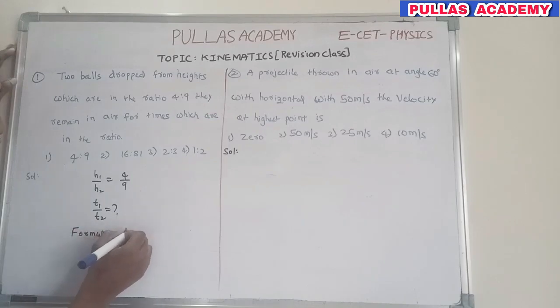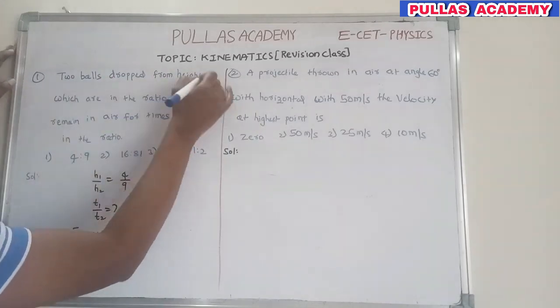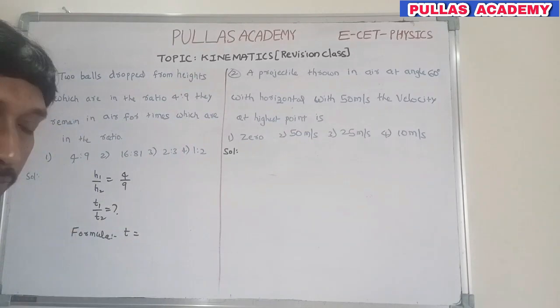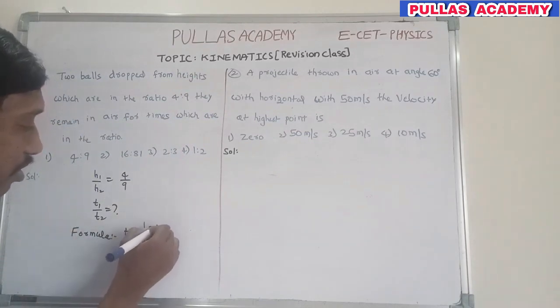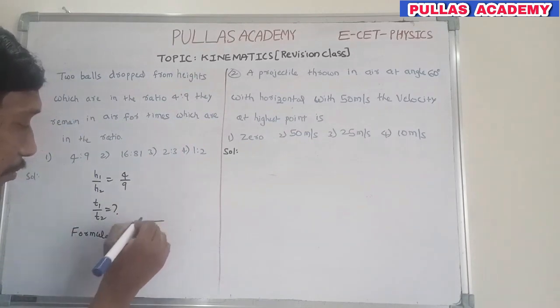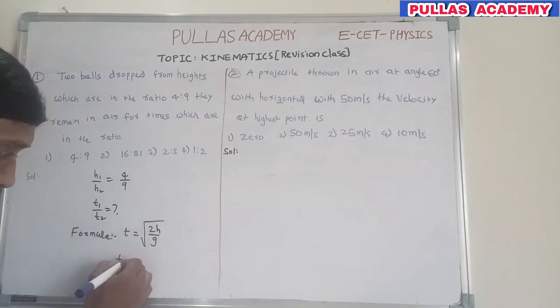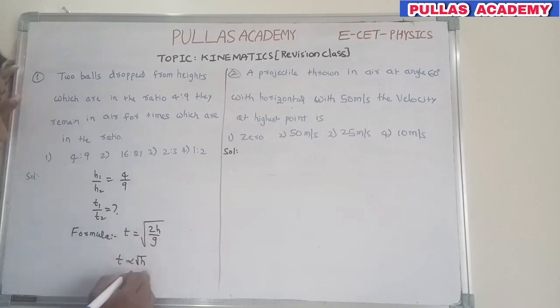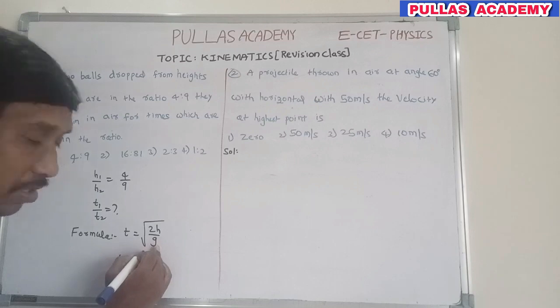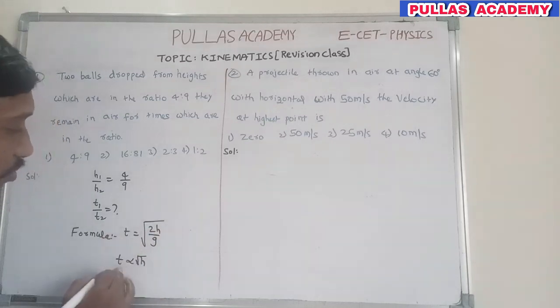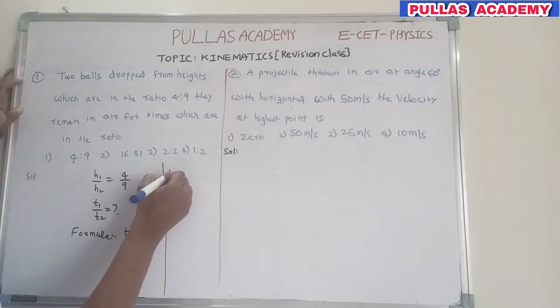What is the formula for time of flight, time of descent? Two balls dropped from a certain height means this is a freely falling body. For a freely falling body, the formula is T is equal to the square root of 2h by g. From this formula, T is directly proportional to root h, since small g is constant. So it only depends on height.